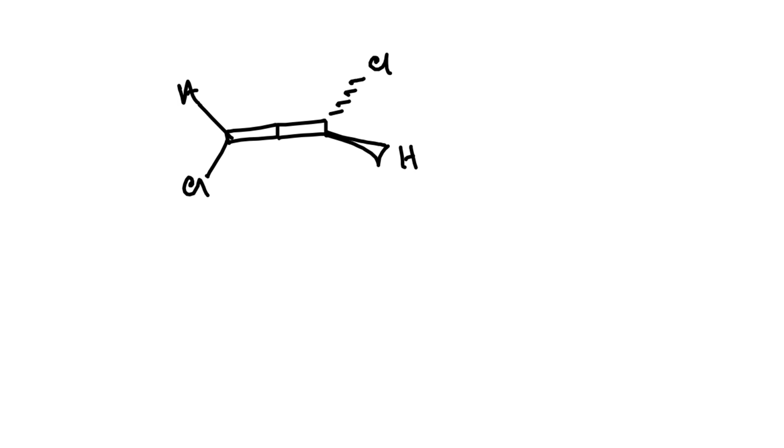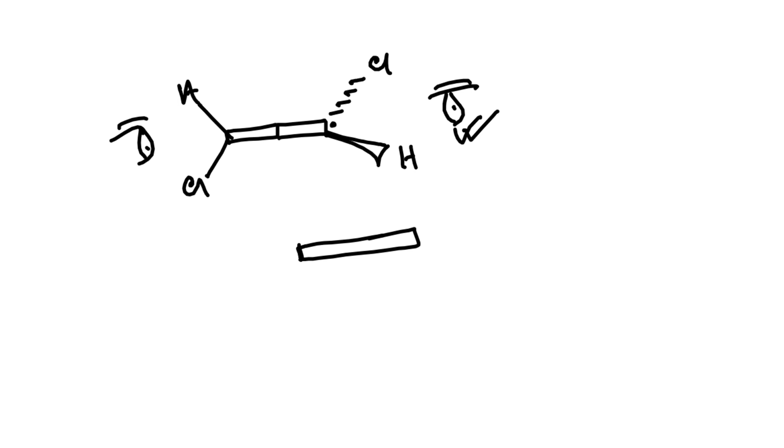We have to look into the molecule either from this side or from this side. Let's say we look from our right hand side. Here the zeroth rule of CIP nomenclature comes: near end precedes far end. So this is our near end, and this will precede the far end.